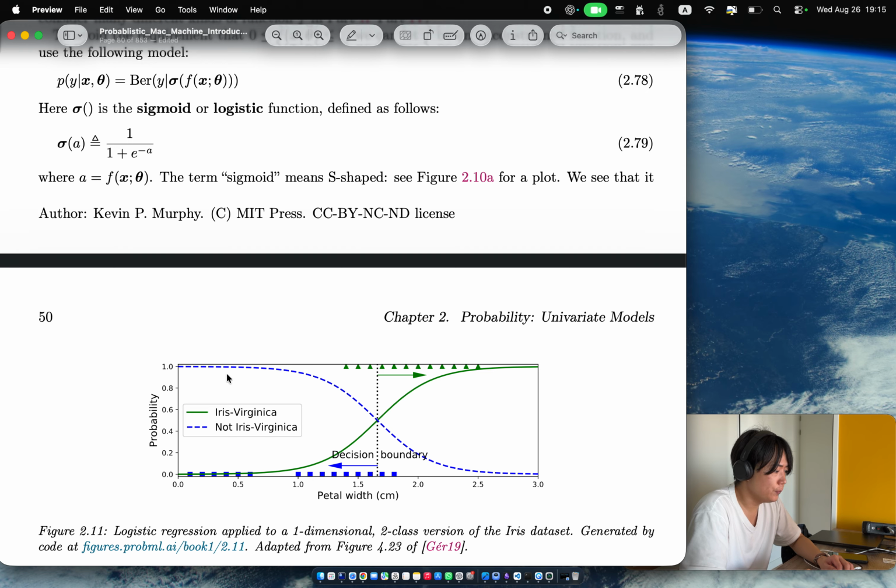It is useful to reduce a certain value into the 0 to 1 probability space.